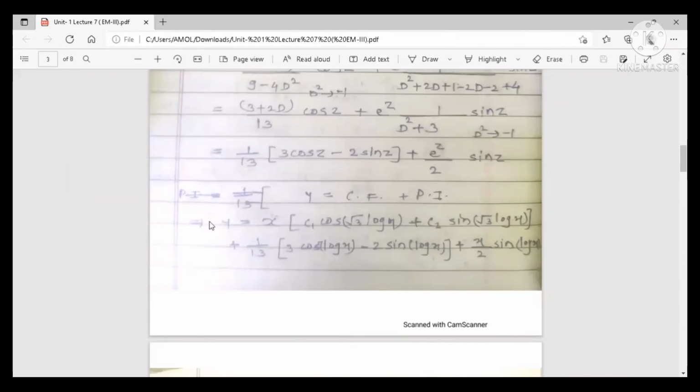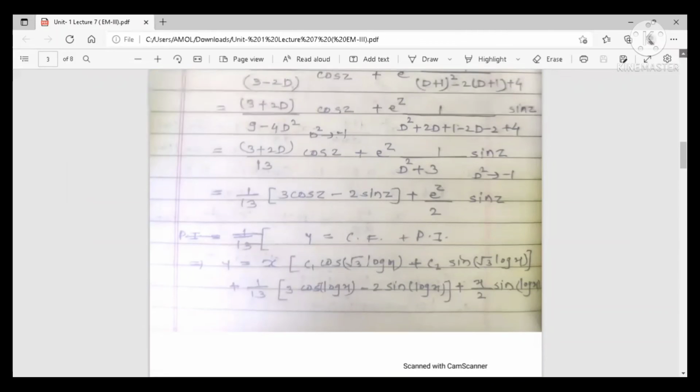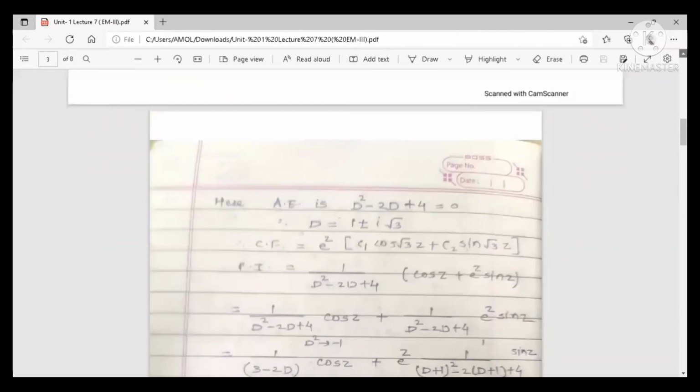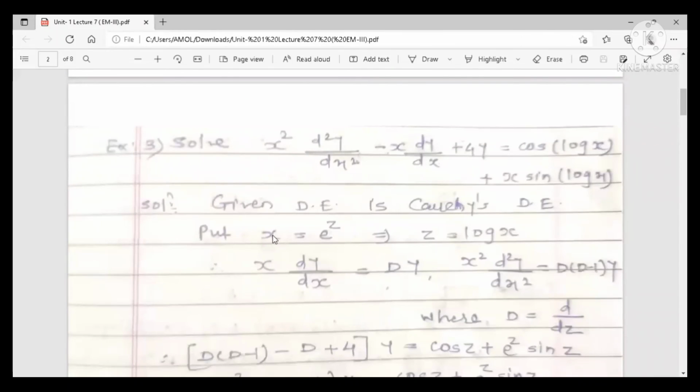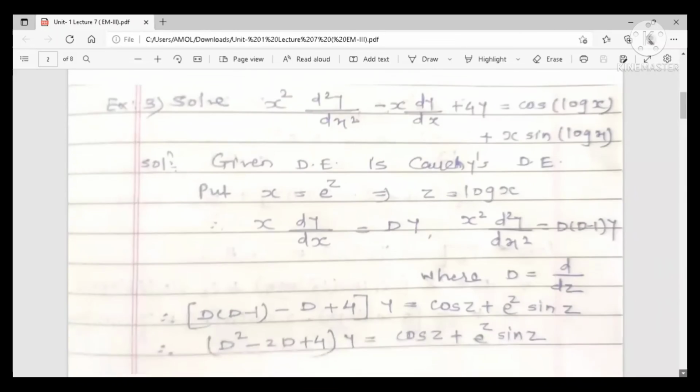Y is equal to CF plus PI, and every term in your solution must be in terms of x and y. So at the end you put your substitution. You use x is equal to e raised to z, meaning z is equal to log of x, to get your answer in terms of x and y.